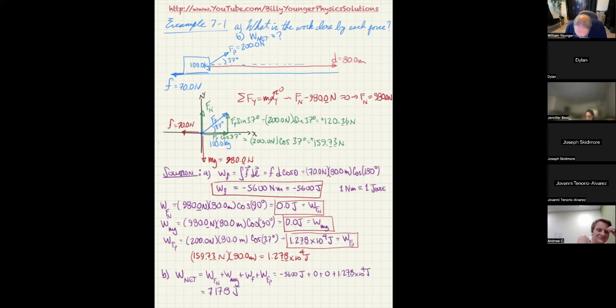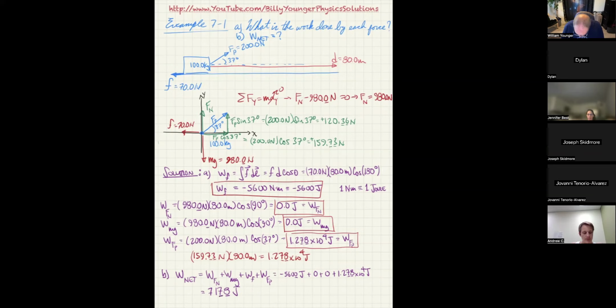To be honest with you, the 5,600 really gave us only 3 sig figs, so the ones place is not good. Probably the 1.278 was actually 3 sig figs as well, so that's not good for this place either.